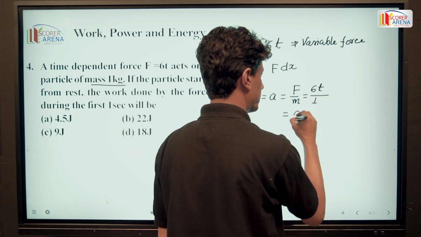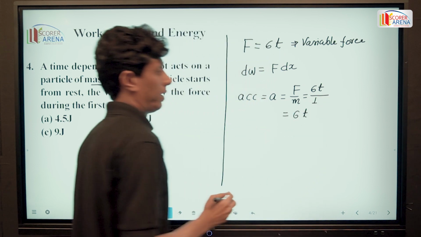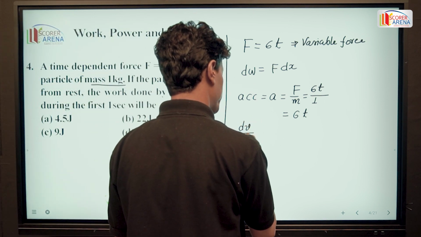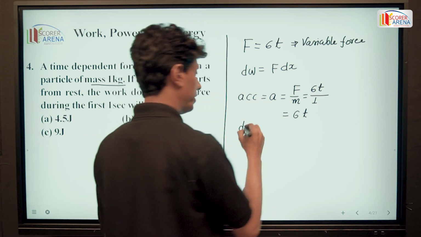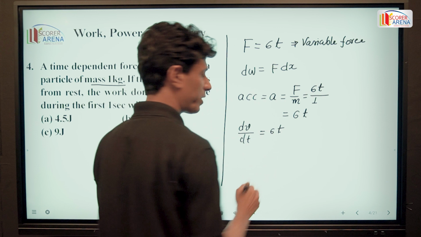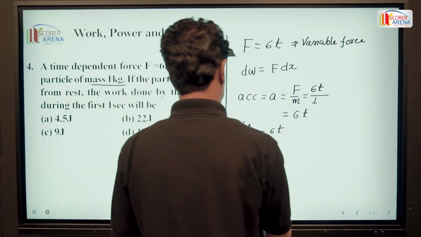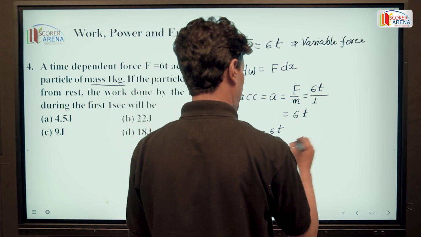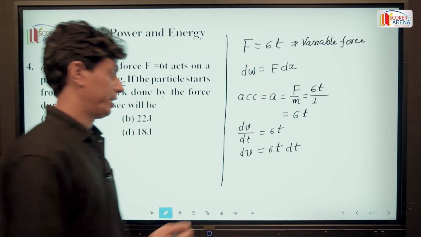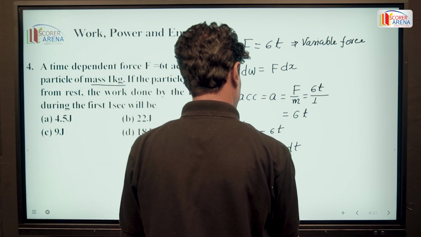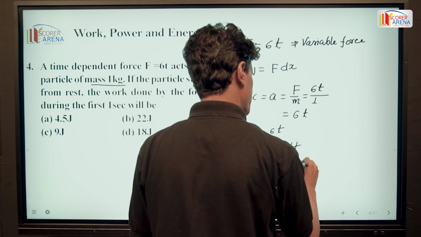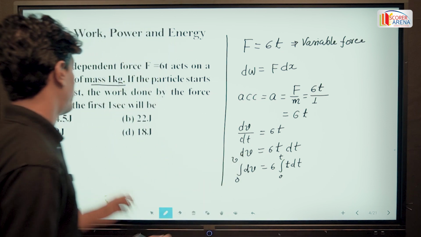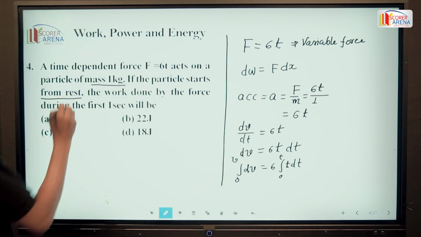So therefore the acceleration is 6t, and dv by dt is the acceleration, so dv by dt is 6t. In this way we can write dv equal to 6t dt, and on integration, integral of dv equals 6 integral of t dt, with t from 0 to t and velocity from 0 to v, since the particle is starting from rest.